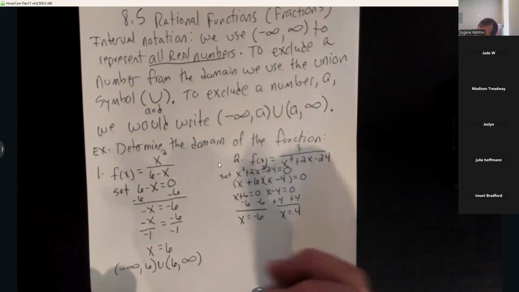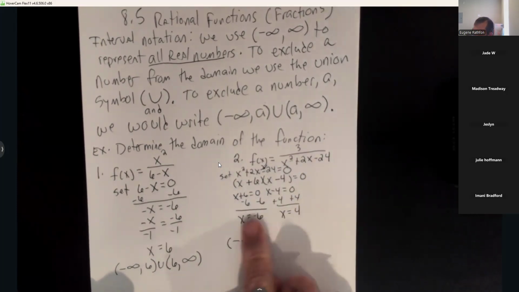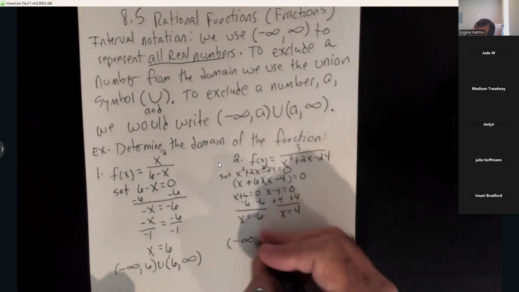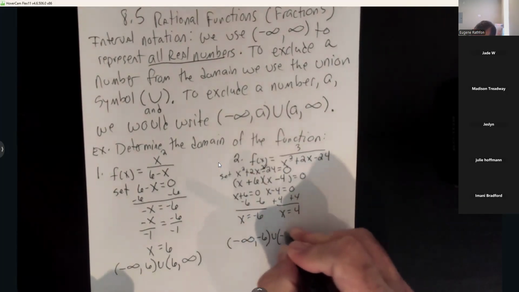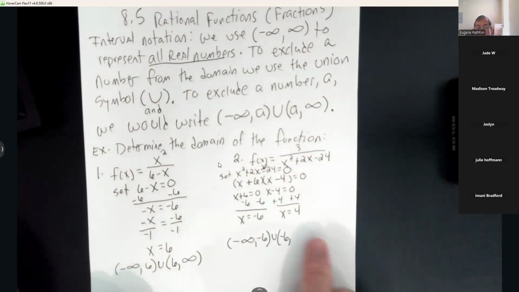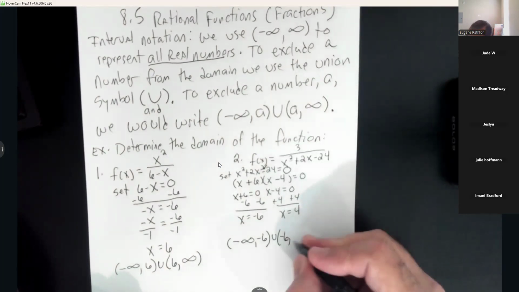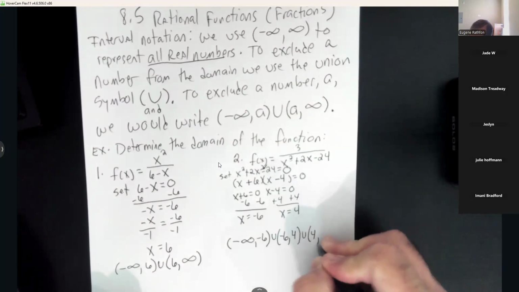Now you got to go in order, left to right. So we start at -infinity. The first number you come to going left to right is -6. So we're going to union around that -6. From -6, we're heading to the right until we get to the 4. Well, we got a union around that 4.